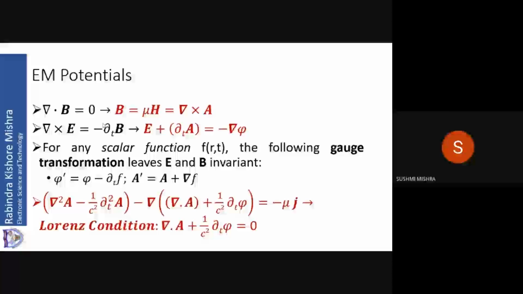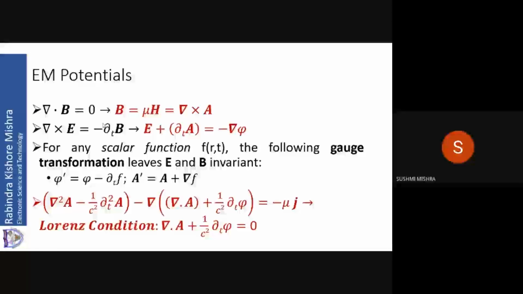Now here came the brilliance of Lorentz, who said that the first part is a wave equation, the second part is not a wave equation, but the second part gives us a condition under which divergence of A is related to phi. So he said that let us take this condition as 0.